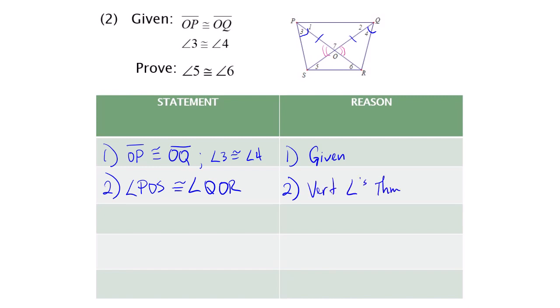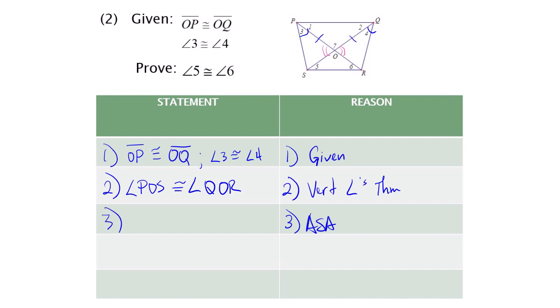Okay. So now that we have that, we can use side, angle, side, right? Or excuse me, did that backwards. Angle, side, angle. Sorry about that. And we have angle, side, angle here. So they correspond. We have the included side between the angles, so we can say those triangles are congruent by angle, side, angle, right?